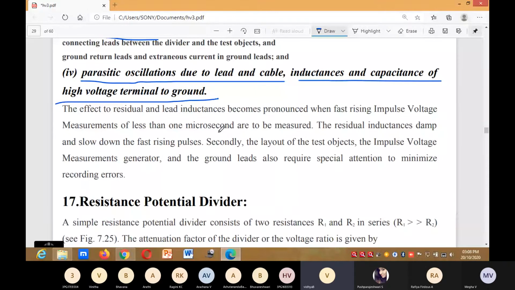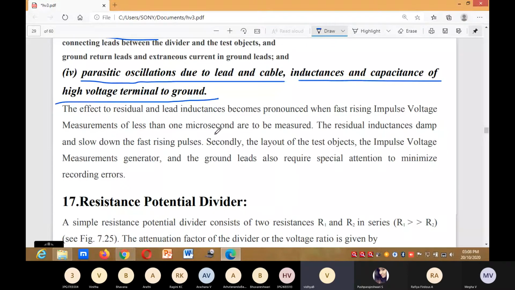The effect of residual lead inductance becomes pronounced when fast rising impulse voltages of less than 1 microsecond are to be measured. The residual inductance damps and slows down the fast rising pulses.